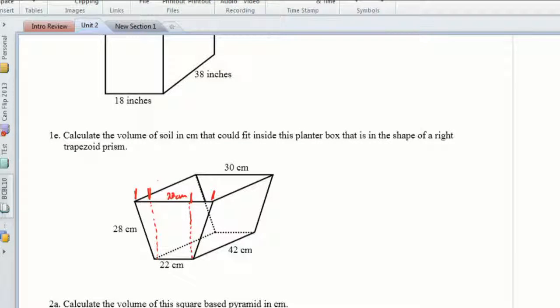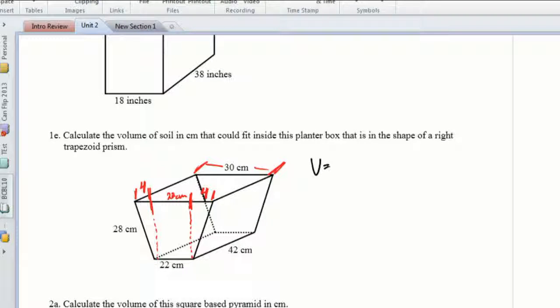I know that the distance all the way across is 30. I've used 22 of it in this middle portion. So what's left over? 30 minus 22 is 8. So this little piece is 4, and this little piece is 4, and that gives me the information I need to calculate the volume of this thing.